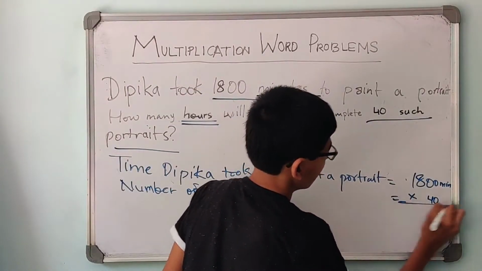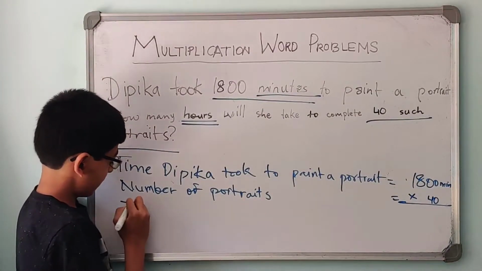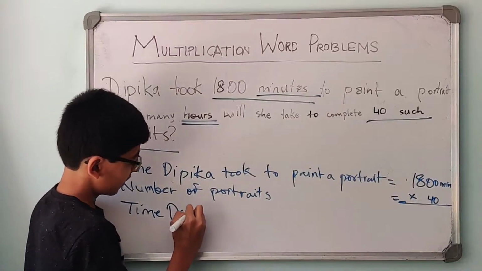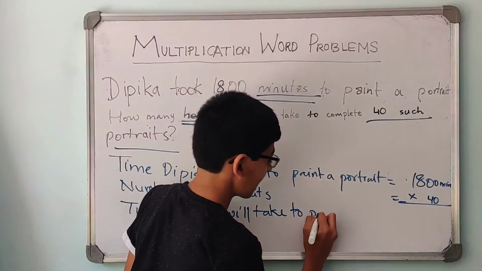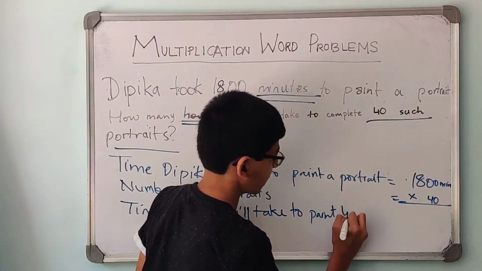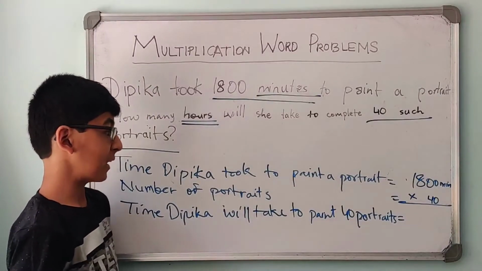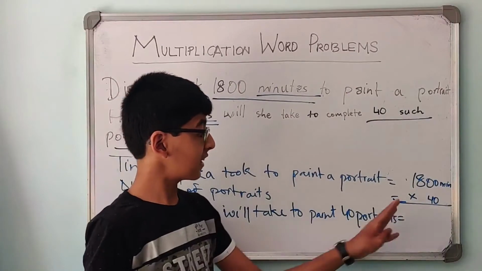We put the multiplication symbol. Like this, we will find the time Deepika will take to paint 40 such portraits. Over here there are 3 zeros.